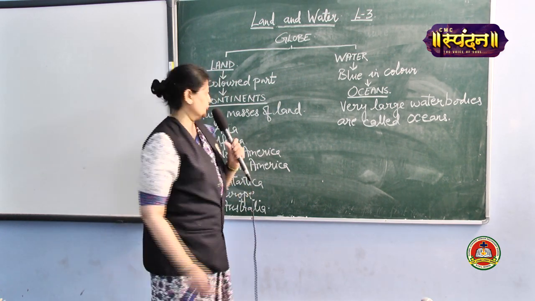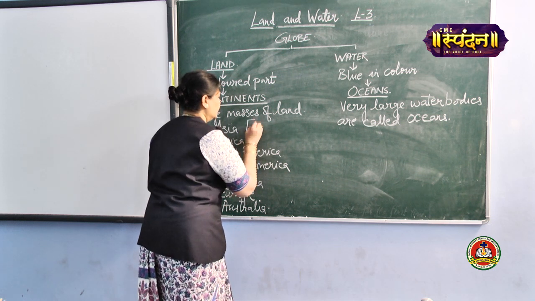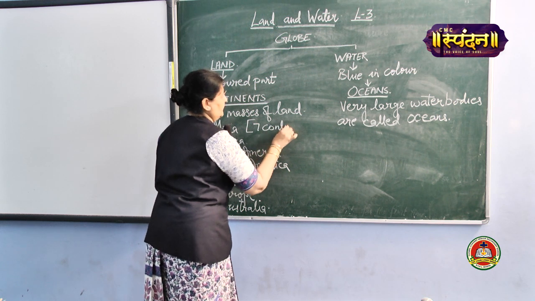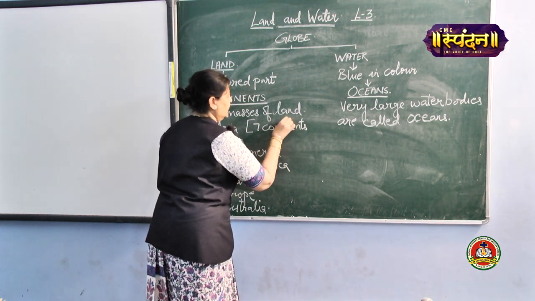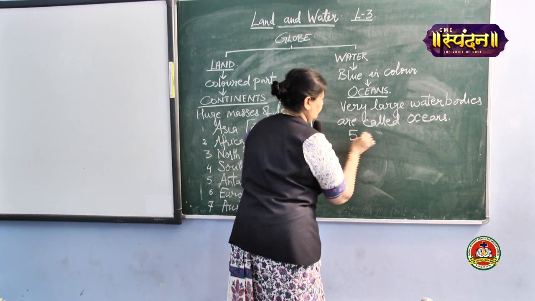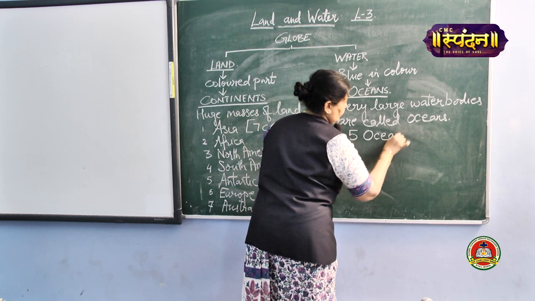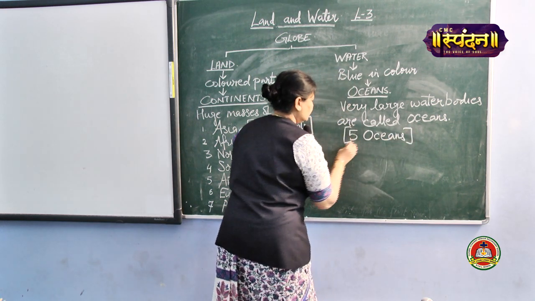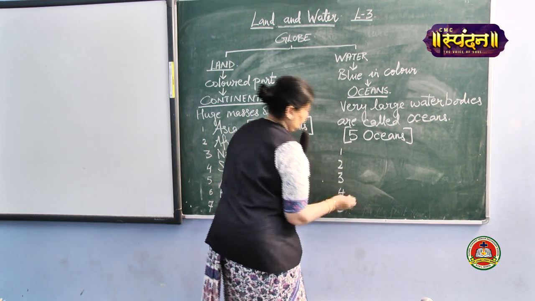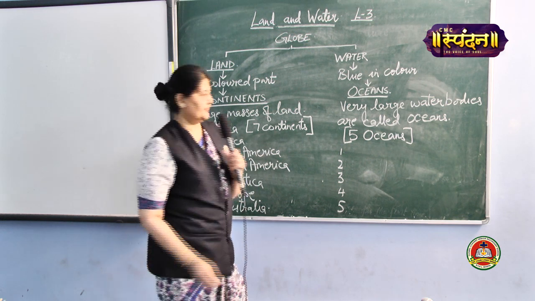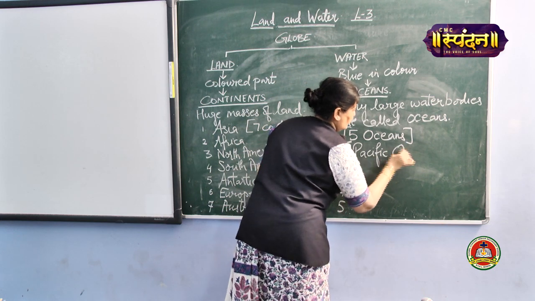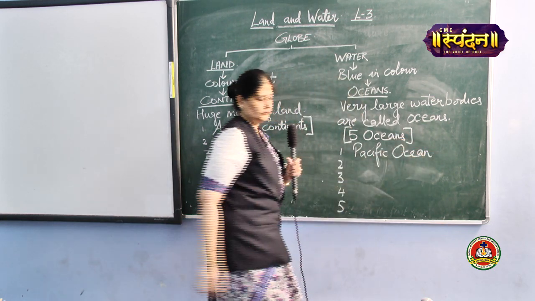Now there are 5 oceans. There are 7 continents. Correct? And there are 5 oceans. And which are the 5 oceans? The biggest ocean is the Pacific Ocean. Okay?